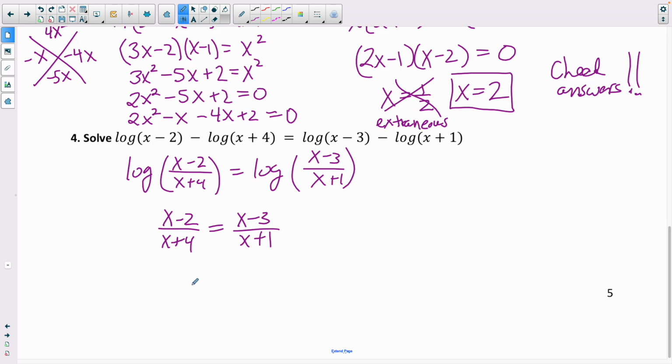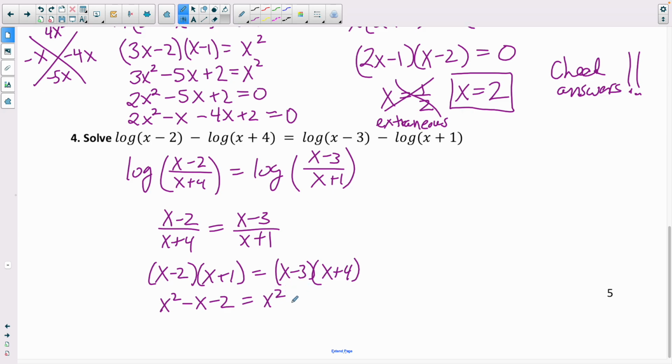To solve this, you have to cross multiply. And now I'm going to have to FOIL. And now I'm going to solve for x.